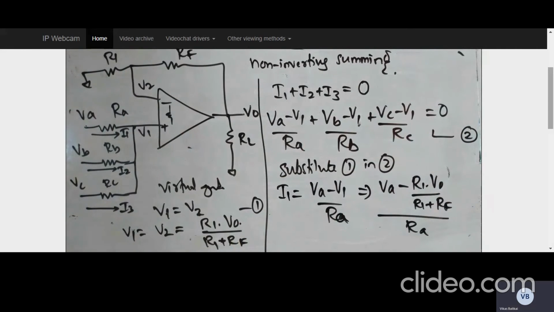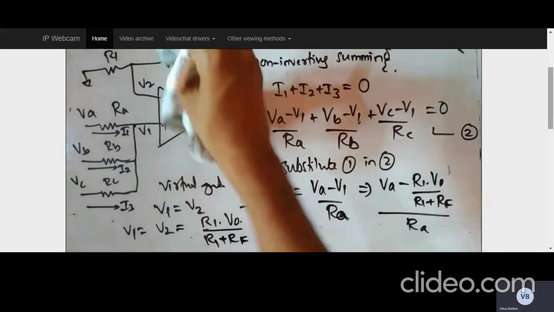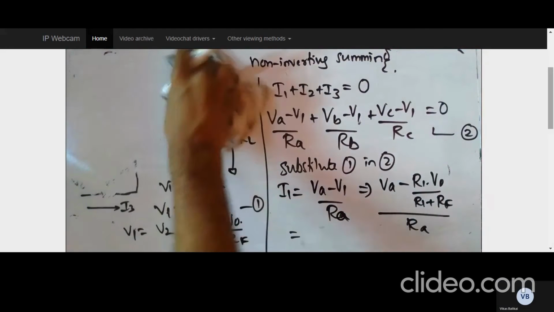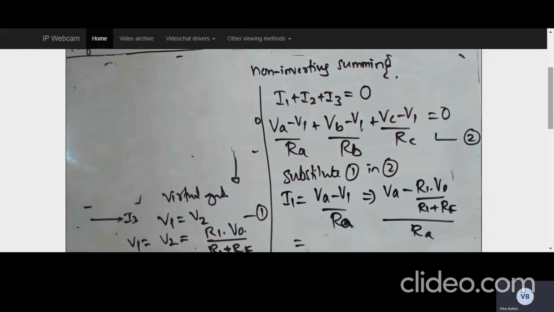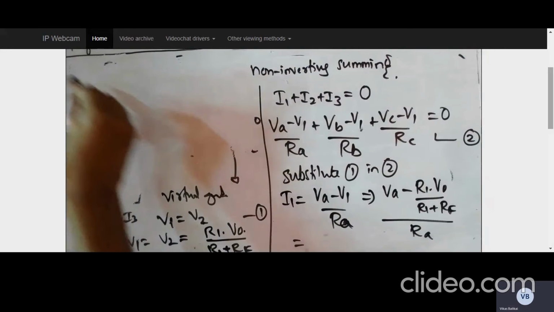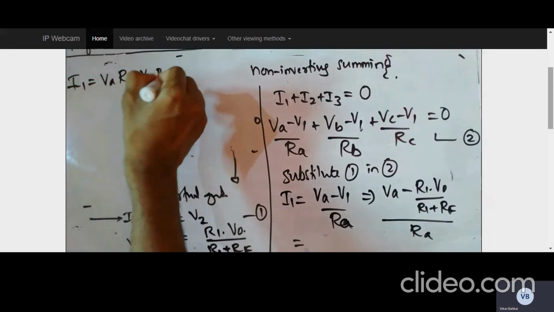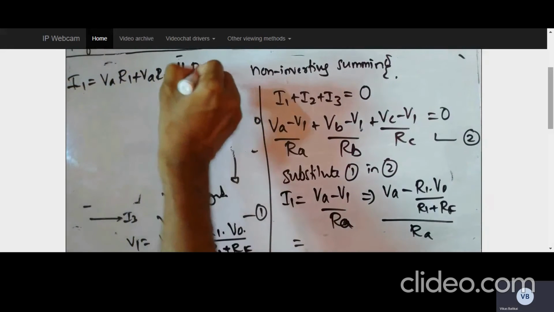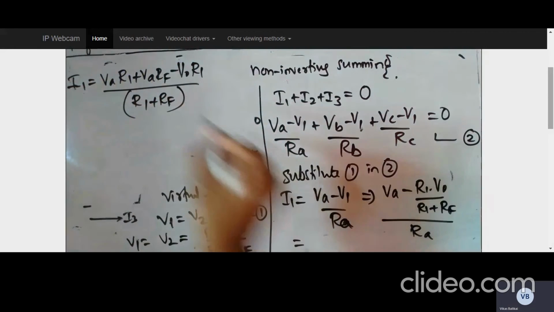If I do the simplification, that will give me VA R1 plus VA RF minus V0 R1, divided by R1 plus RF multiplied by RA. So I1 can be given as this.